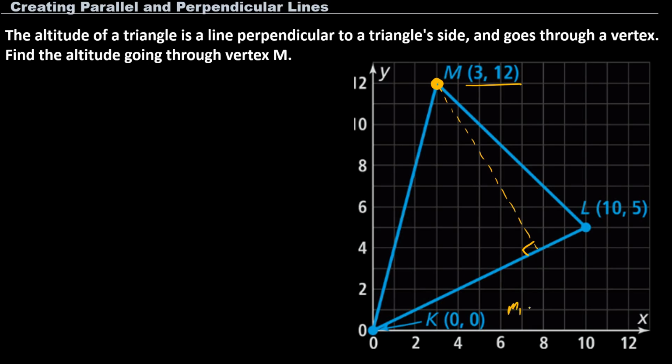So m1, m KL, is 5 minus 0 over 10 minus 0, just 5 over 10, which is positive 1/2. That means that m2, if that's positive 1/2, m2 has to equal negative 2.